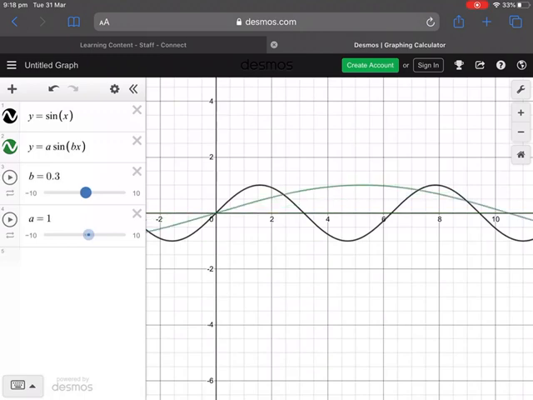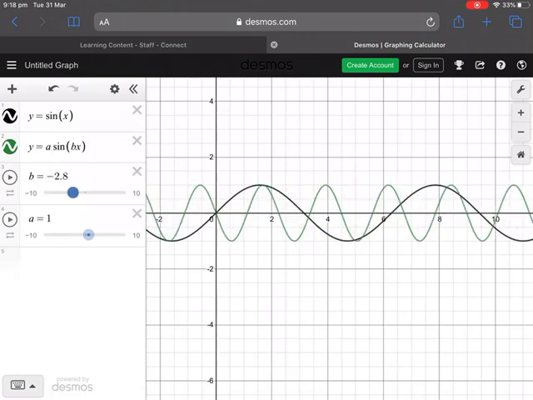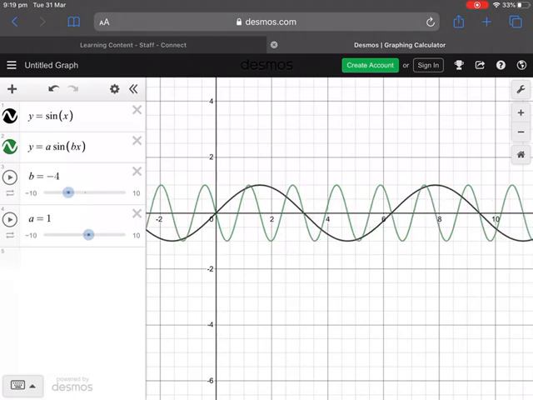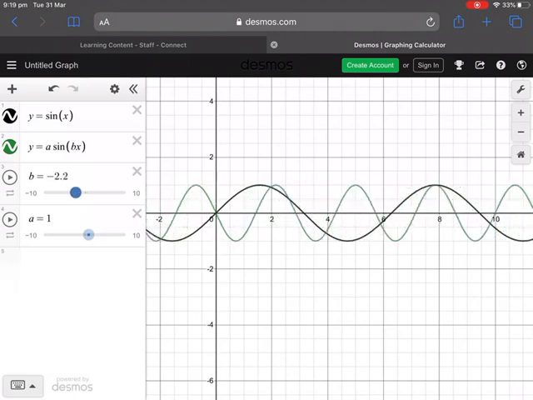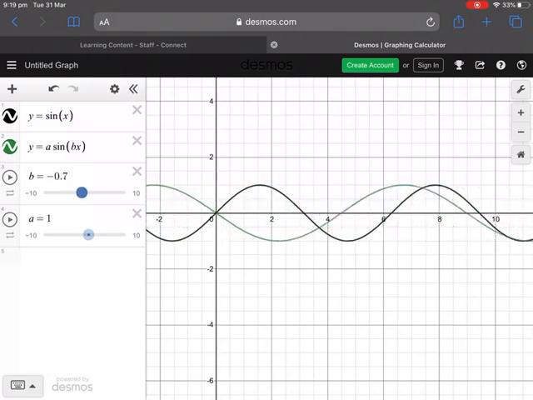You'll see the graph stretches out. If we get to 0, it becomes a flat line because a times sine times 0 is 0. So your graph effectively becomes y is equal to 0 there. And as we go to a negative, you can see the same thing happens. It again compresses, but we're actually more interested in what happens when b is greater than 1.